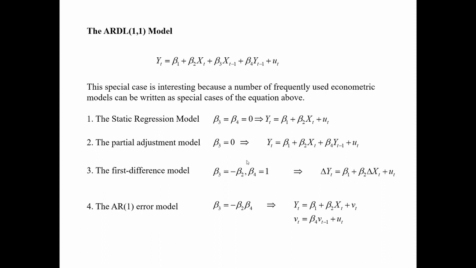Finally, another model that we've talked about quite a bit and quite a few of you have used in your projects is the autoregressive error model. And again, this can be seen as a restricted version of this model here.